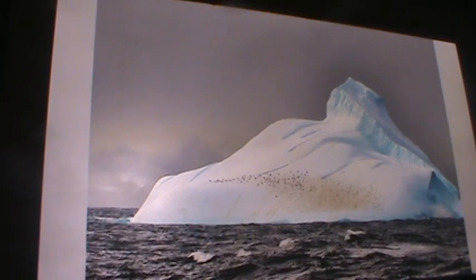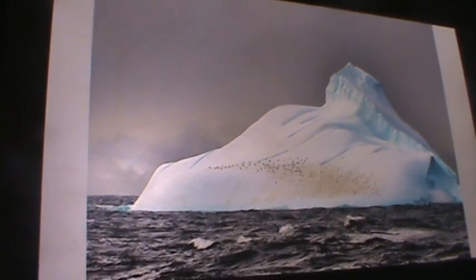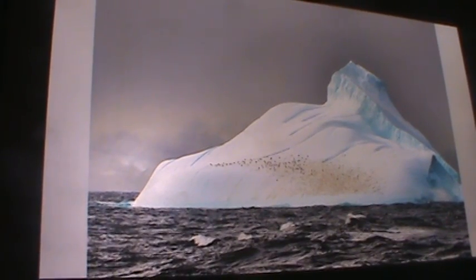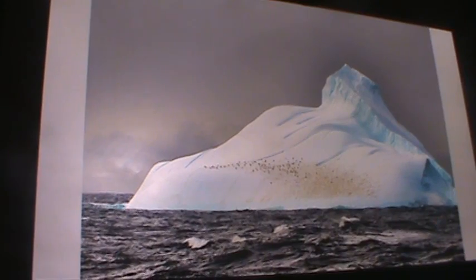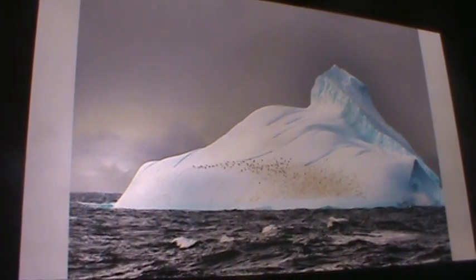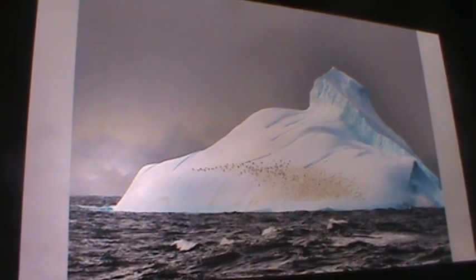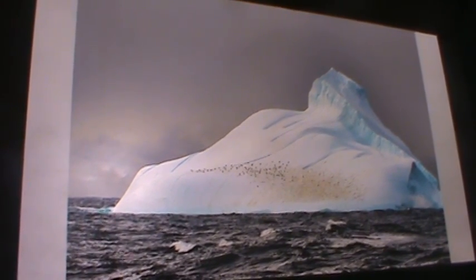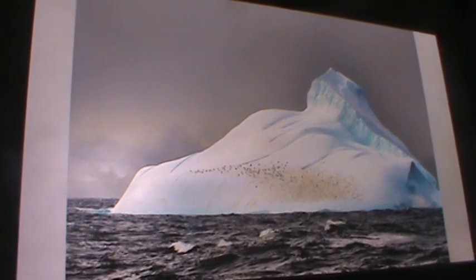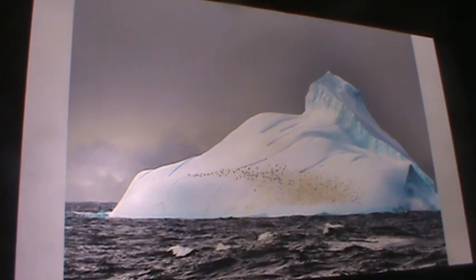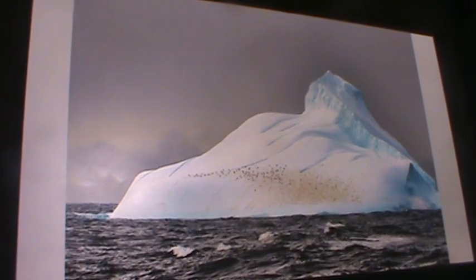And always look out on the icebergs, because you'll see penguins. Penguins love using the icebergs, either to get away from the predators or just to have a little rest and just use them as buses up and down the straits. But always look out. If you see an iceberg, just keep an eye open. Tiny little dots are the penguins on the icebergs. And you can see as well, if they've been eating krill, they leave behind this quite reddy, browny poo on the iceberg, which isn't very nice.